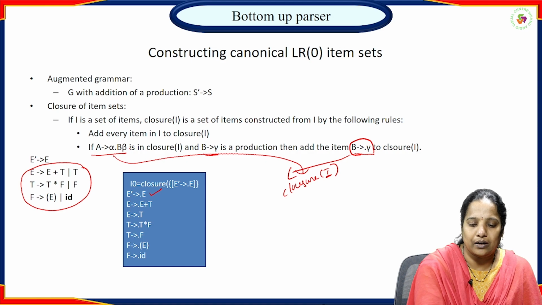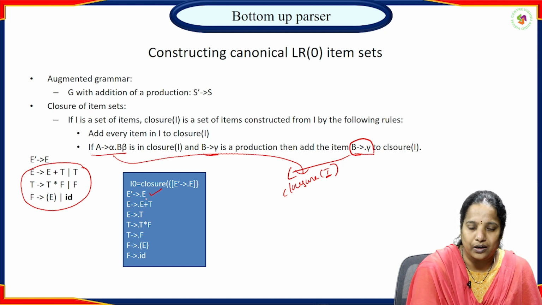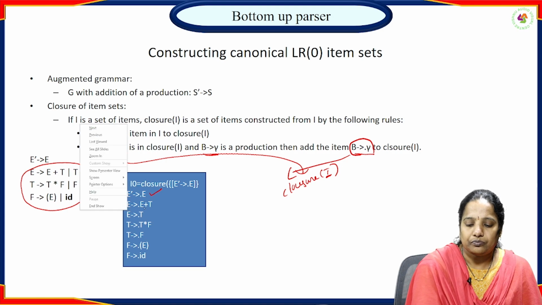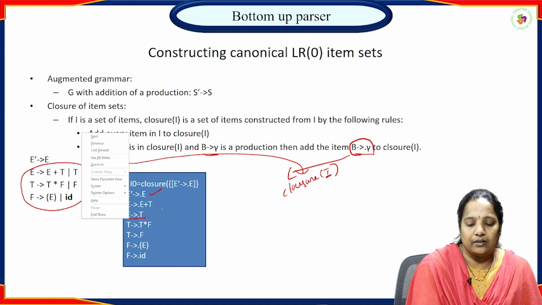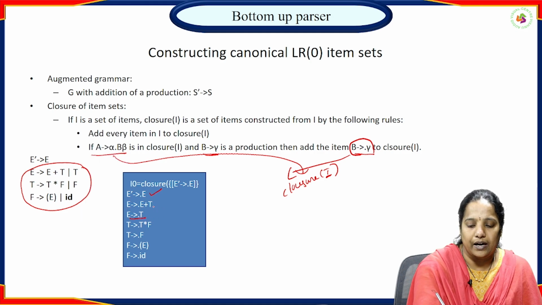According to the rule, if A tends to alpha dot B beta is there, here E dash tends to dot E is there. According to the above rule, if dot is followed by a non-terminal, the productions related to that non-terminal will be added. Then we add E tends to E plus T and E tends to T. These two productions will be added by using the above rule.